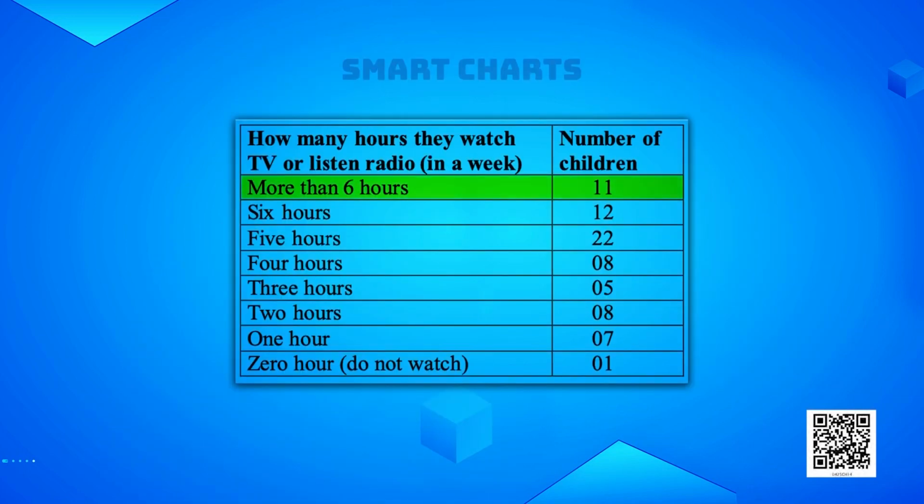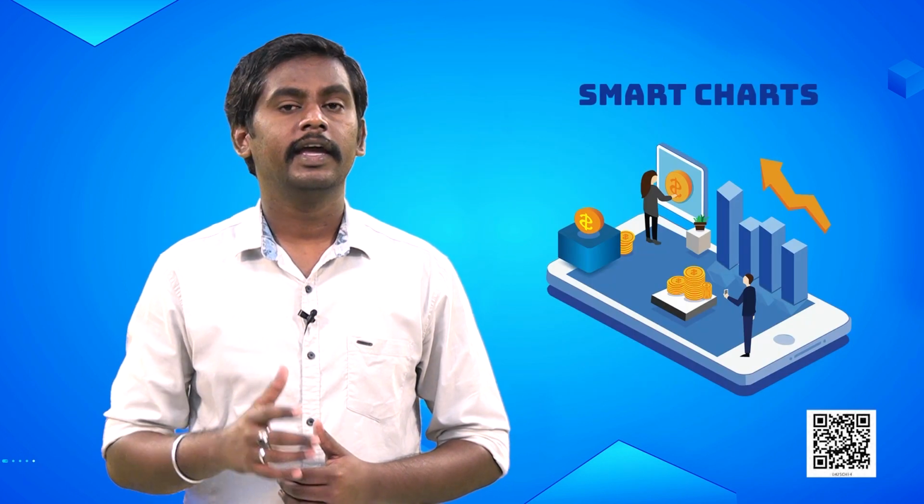Students, let's find how much time Bittu's friends spend in front of TV or radio. So firstly, how many of his friends spend more than 6 hours in a week in front of TV or radio? Yes, 11 of his friends spend more than 6 hours in a week. Now, can you identify how many of his friends do not watch TV or radio, or spend 0 hours in front of a TV or radio?